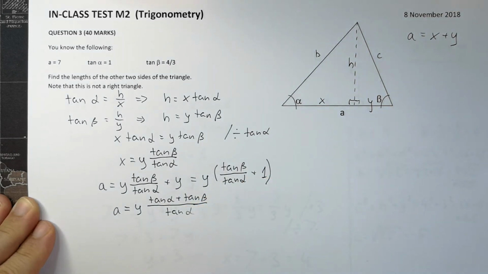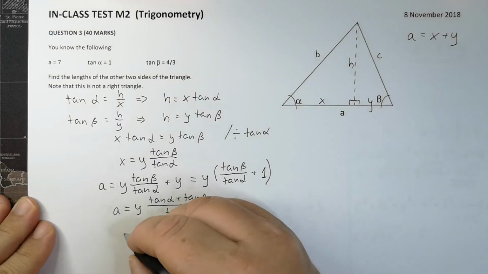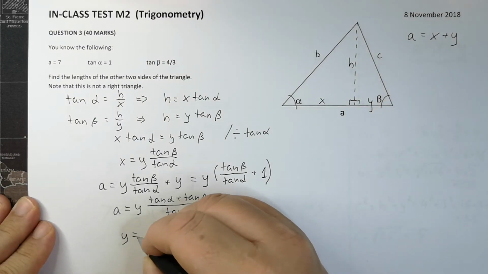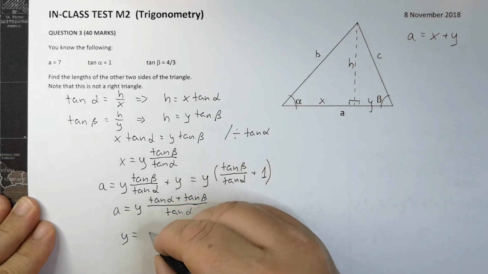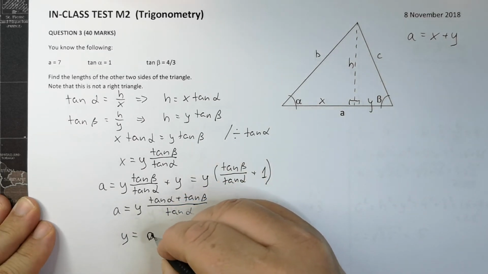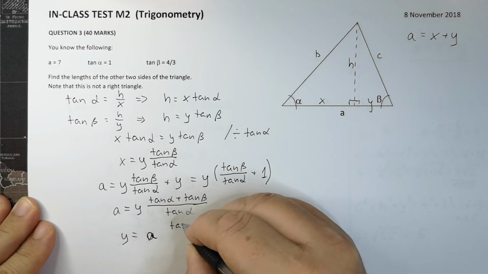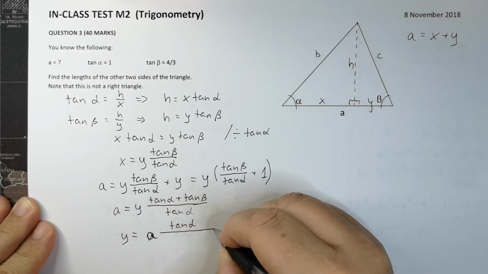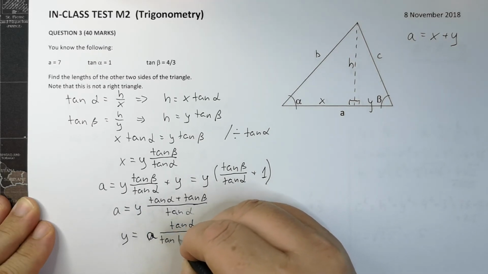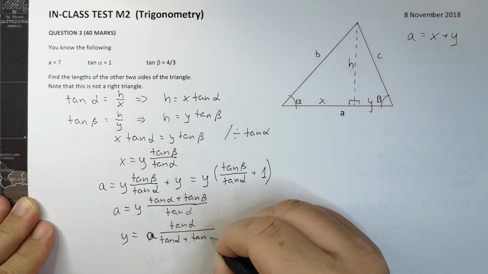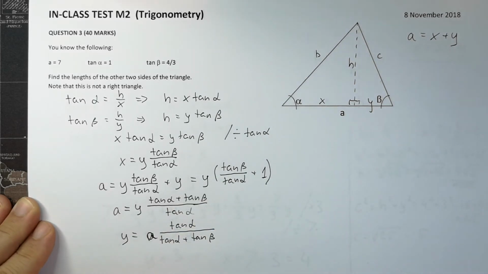And from this we can now find the final value for y. Therefore y equals a times tangent alpha over tangent alpha plus tangent beta. And that's the expression for y.